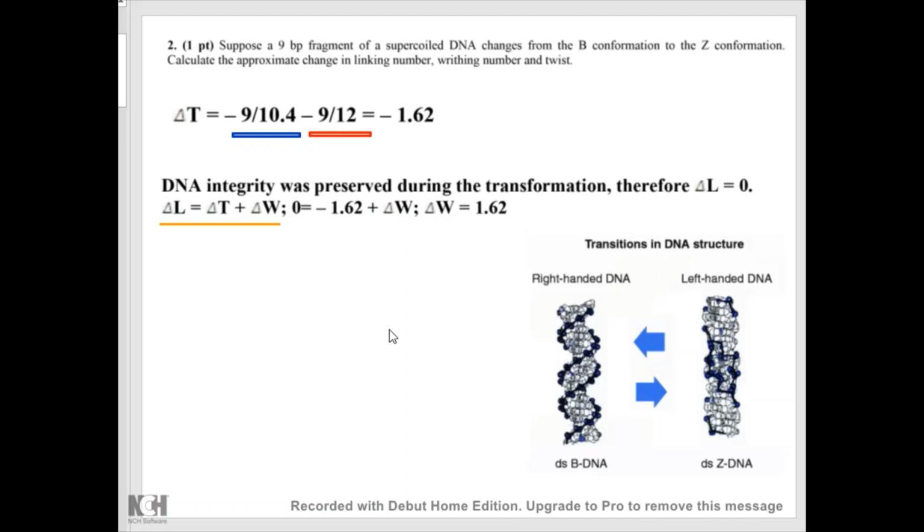This is not what happened in this process, right? According to the description, we've never had a covalent break of one or two strands. Therefore, delta L equals 0. So we plug in 0, we plug in delta T, and from this expression we can find the change in writhing number. So the answer is: delta L is 0, delta T is negative 0.62, and delta W is positive.